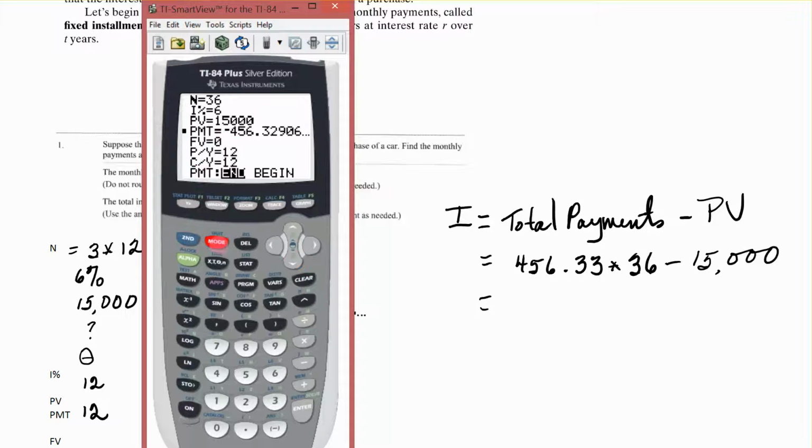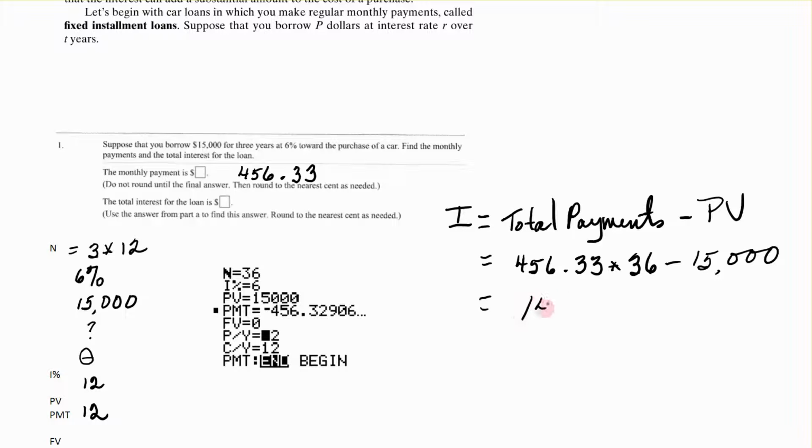Do a second of the mode, which is quit. I'm going to clear my screen. It is 456.33 times 36 minus 15,000. The difference between those is my interest. It is $1,427.88.